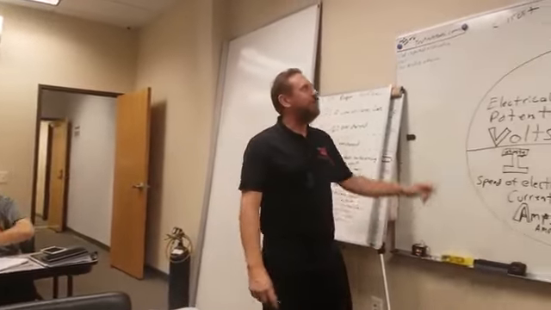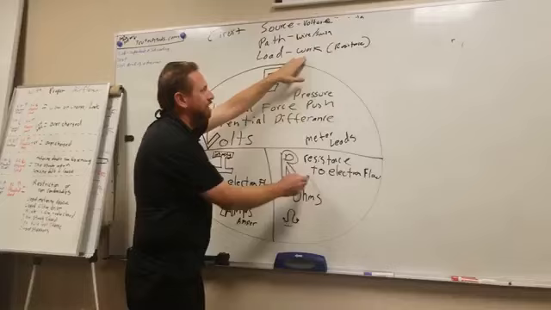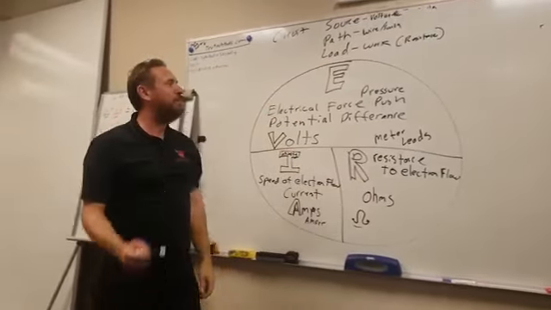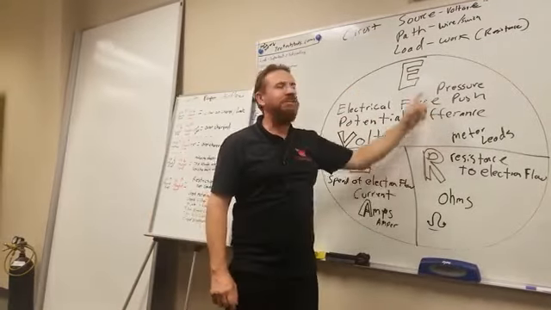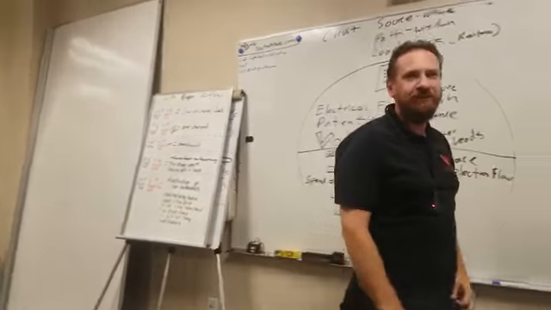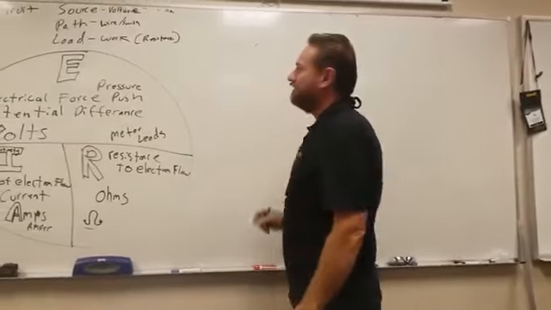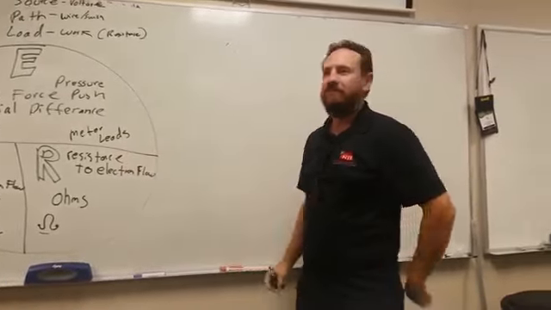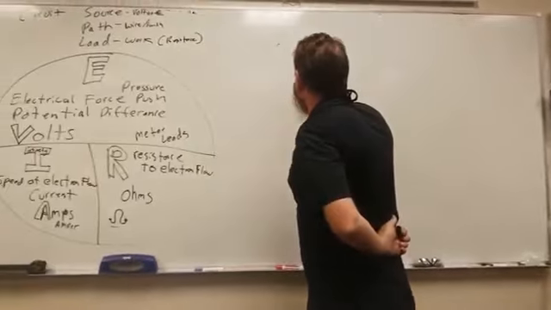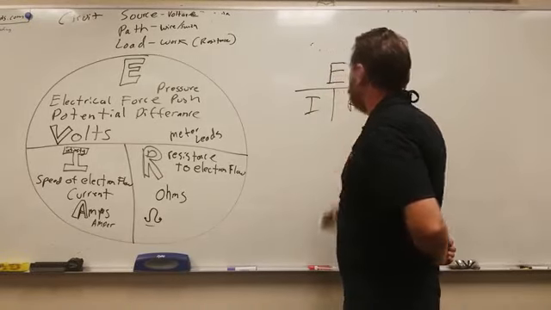Okay? So I have my source, which is my voltage. I have my resistance, which is my load, and my path, my wires, and it makes all three of these happen together. All three of these together is electricity. Electricity, if somebody asks you, this is also called Ohm's law. Ohm's law is E over I and R. That's Ohm's law.